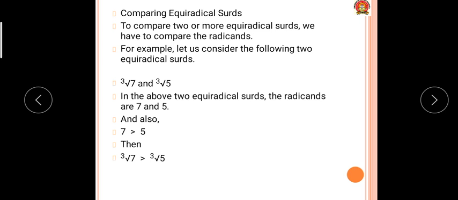Whenever we solve examples, all your ideas will be clear. The very important things are what is radicand, what is surd, what is order, and like surds and equiradical surds. Equiradical means having the same order. The radicand may be different, but the order should be the same.